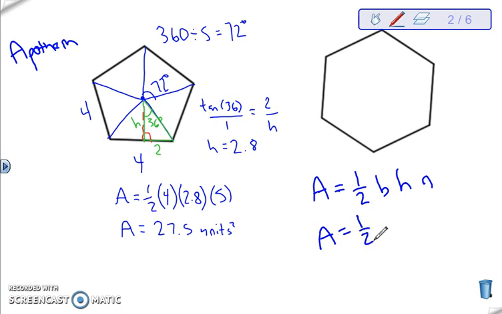So we have the base of the figure times the apothem times the number of triangles.